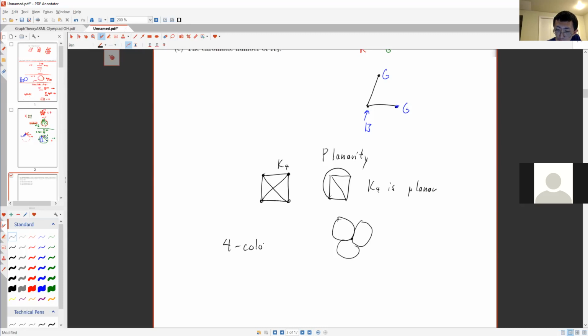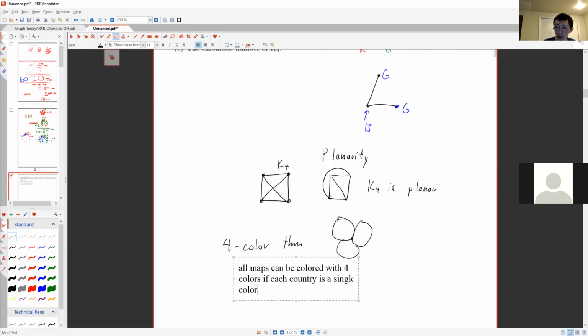So 4-color theorem, you can color a map with 4 colors. We're kind of assuming that all maps are planar, but this is actually false for some weird scenarios. So all maps can be colored with 4 colors if each country is a single color.